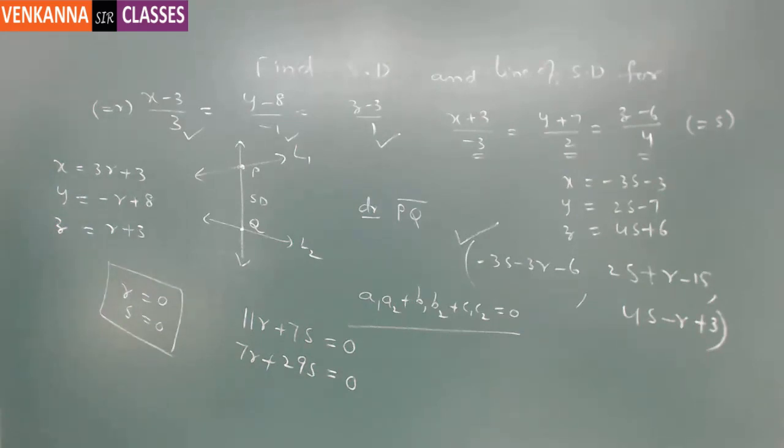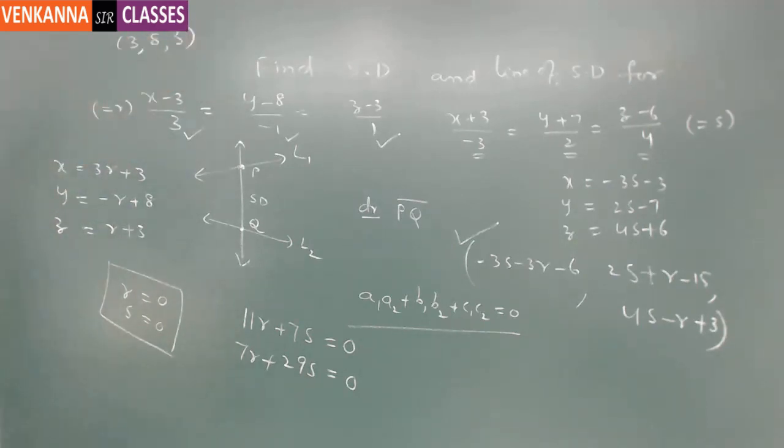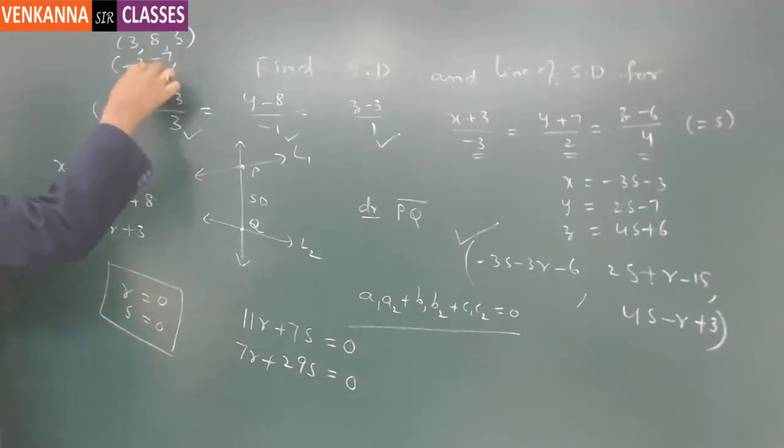So substituting R and S values, the respective points P and Q are nothing but, one point is 3, 8, 3, and another point is minus 3, minus 7 and 6.